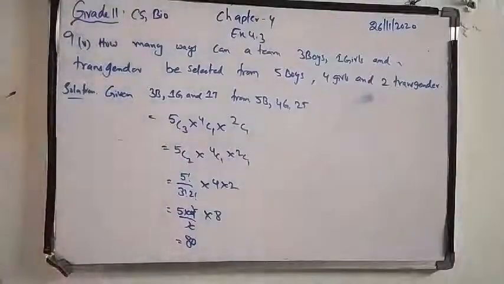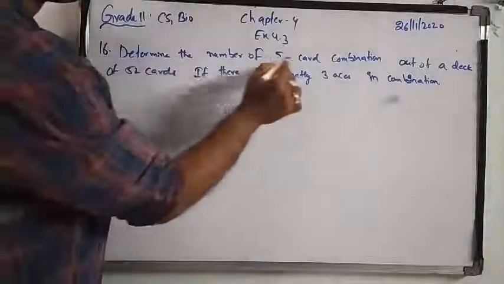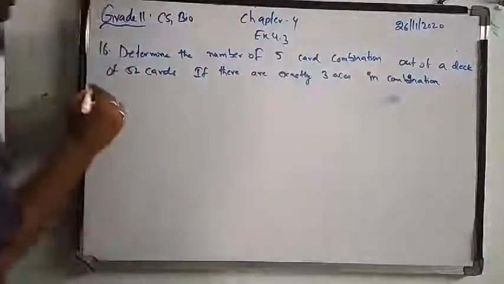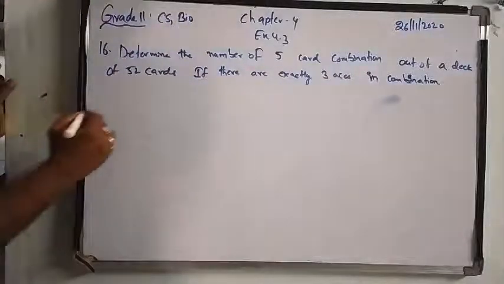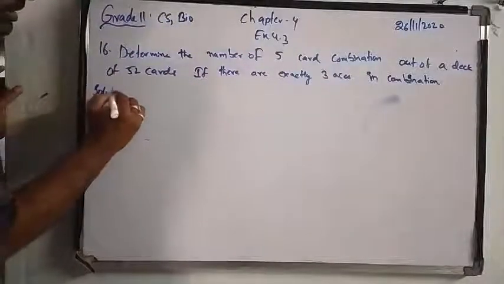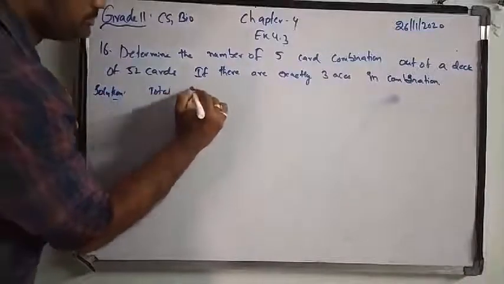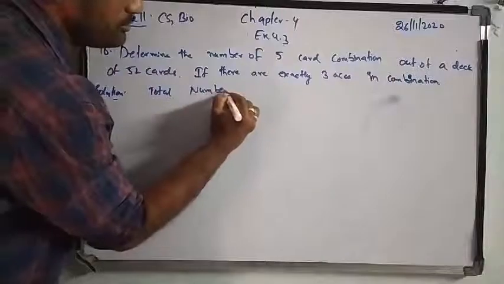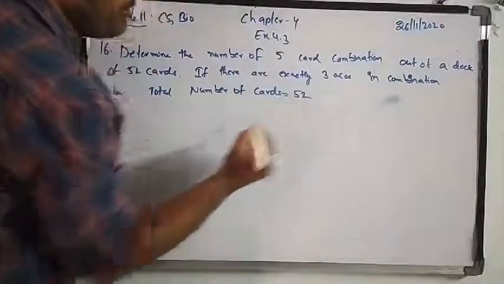The next question. Determine the number of 5 card combinations out of a deck of 52 cards if there are exactly 3 aces in the combination. So let us see the solution. So totally we have 52 cards.